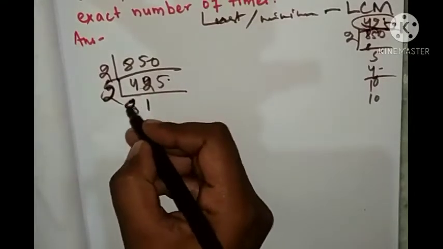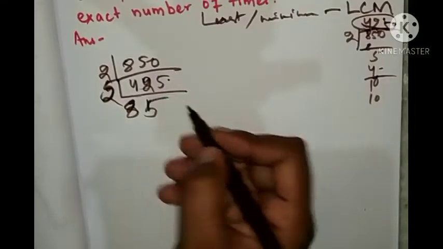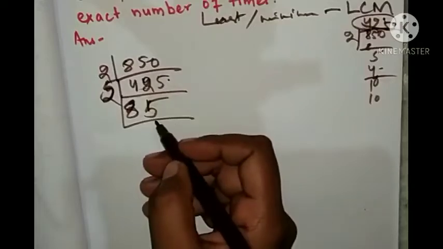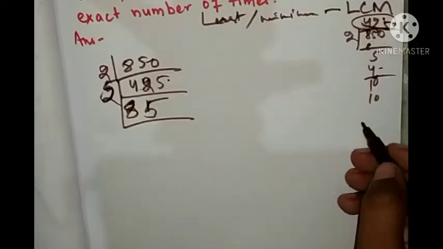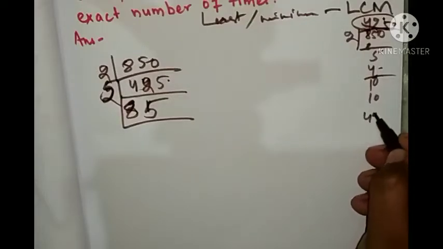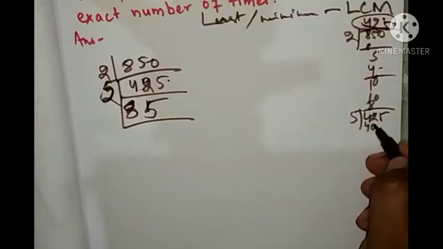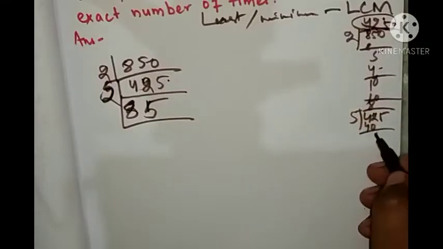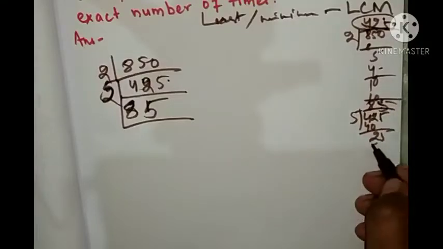So 5 8s are 40, then 5 5s are 25. Like that I am dividing for you here. Look here, 425, I'll divide, 5 8s are 40. Okay, then 25, 5 5s are 25.